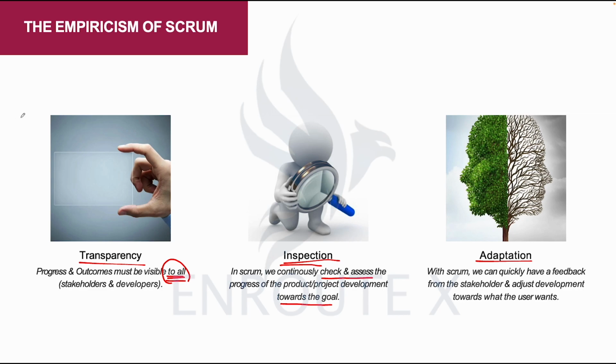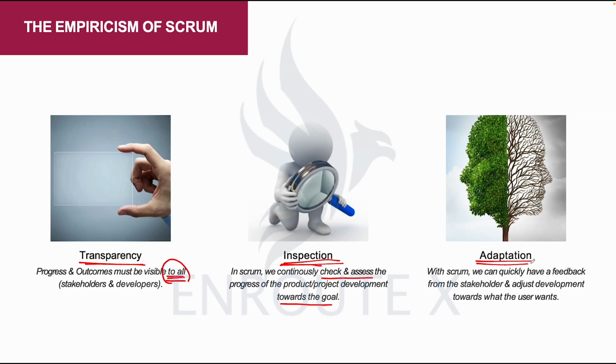So the empiricism of Scrum talks about the pillars as transparency, inspection, and adaptation. We would see in latter classes how the empiricism of Scrum would come to play in everything Scrum does.